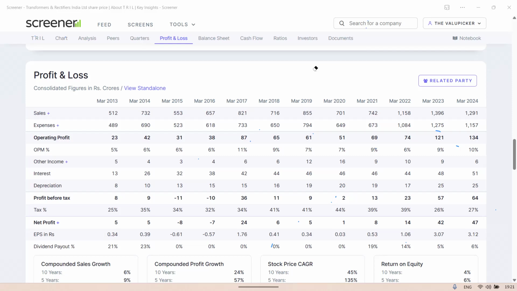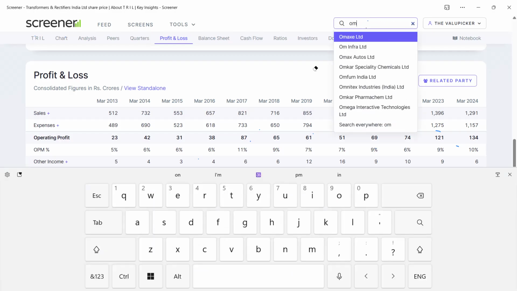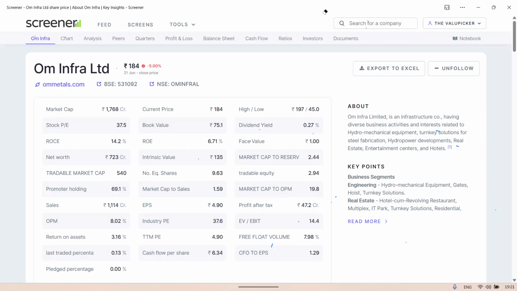But if you look at the Home Infra example recently, what we have shared in Home Infra, I conveyed at the level of 90, even tried at 60 level, but he didn't get because Vijay Kedia sir has taken entry.